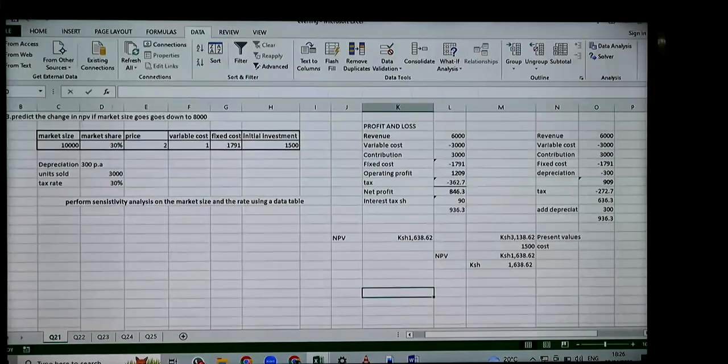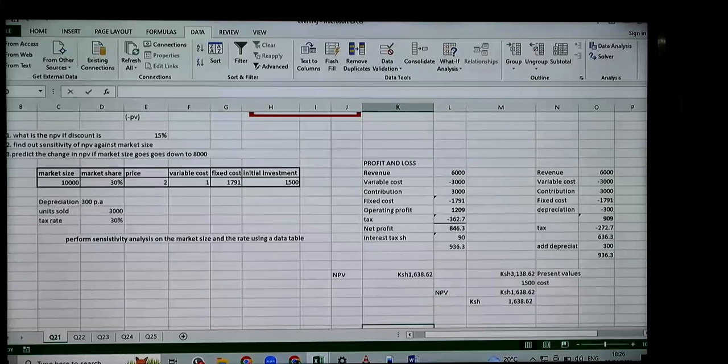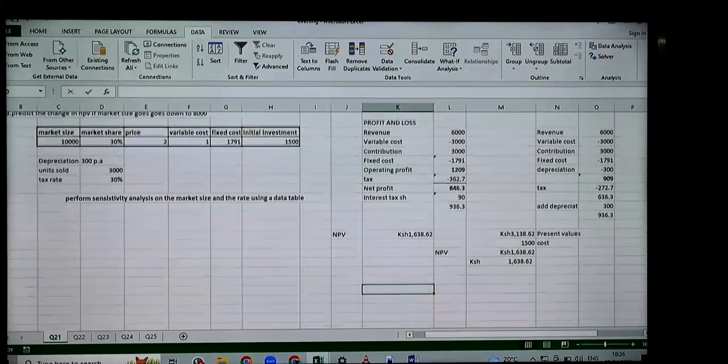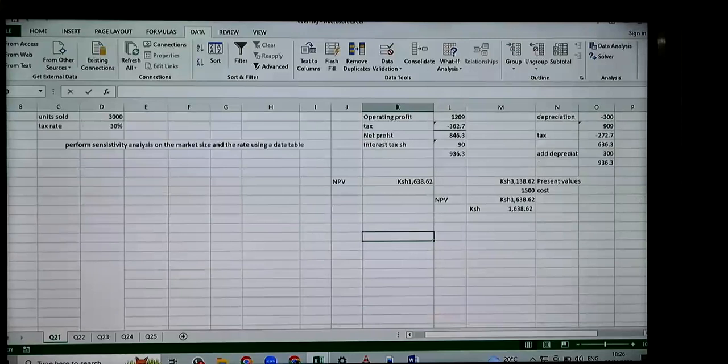You can see the market size is here and the rate was the 15% that was up here. So to create a sensitivity analysis table, we will have to estimate the values. So our market size is currently 10,000. I write here 10,000. 1, 2, 3.